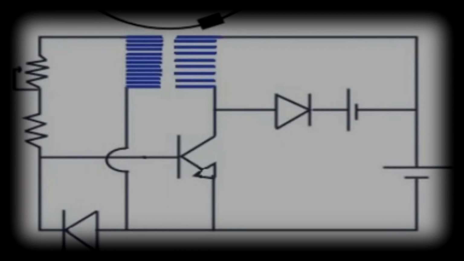So the trigger winding then becomes triggered to be biased in this direction. Meaning the positive north of the magnet on that rotor will be here, and the negative field of the magnet will be here.